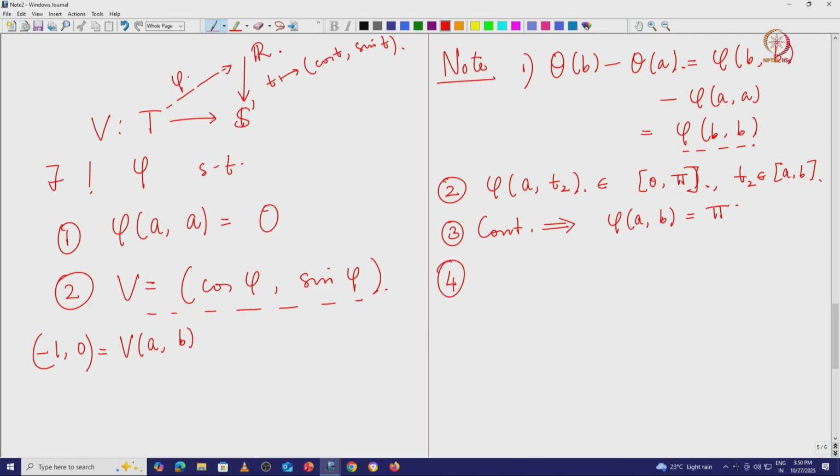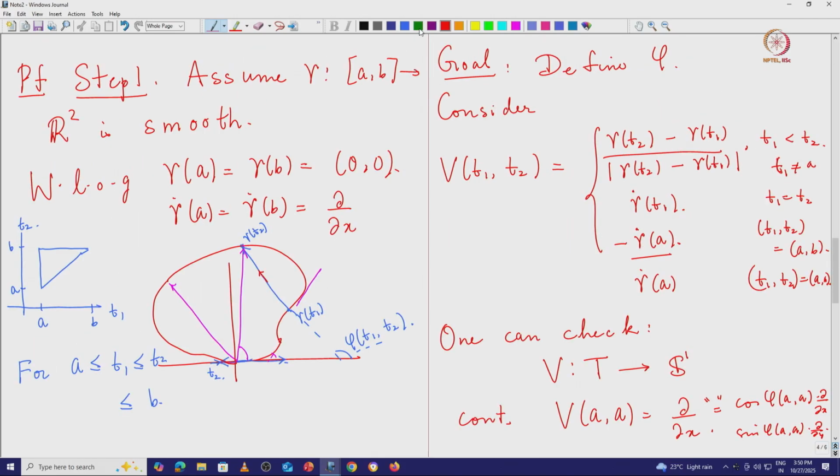Okay. Now we look at phi of (t1, b). So if you go back to the picture, we are now looking at the top of this triangle, where you are looking at a point whose second coordinate is b, and we know that here your phi is equal to pi.